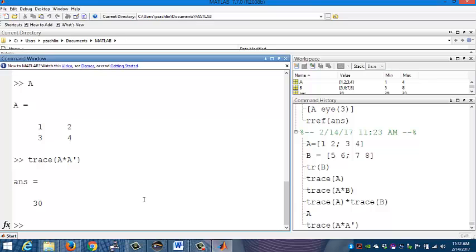It says 30, right? So what did it do? 1 plus 4 plus 9 plus 16. Is that 30? Well, 1 plus 9 is 10, plus 16 is 26, plus 4 is 30. Yeah.